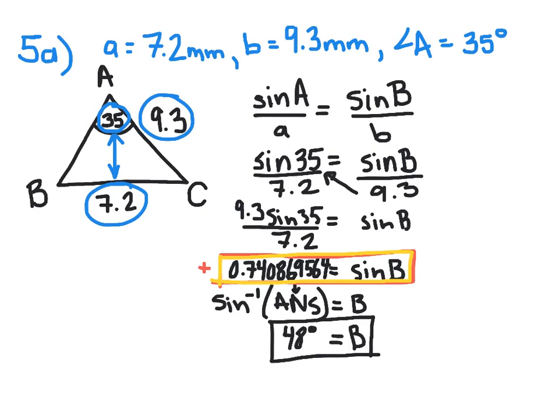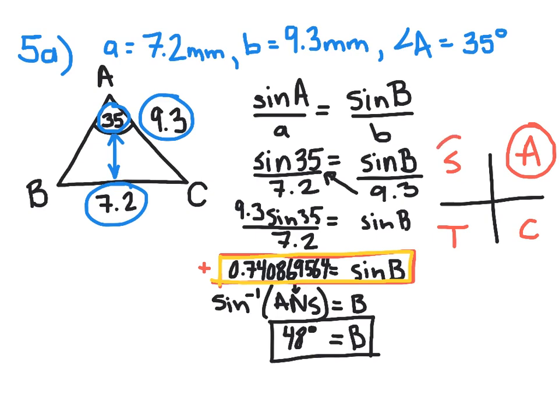We have to remember that when sine of an angle is positive, according to the CAST rule, there are two places that sine is positive. Sine is positive in quadrant number 1, and sine is also positive in quadrant number 2. Remember that in quadrant 1 you have acute angles, and in quadrant 2 you have obtuse angles. Both types of angles do occur in triangles.